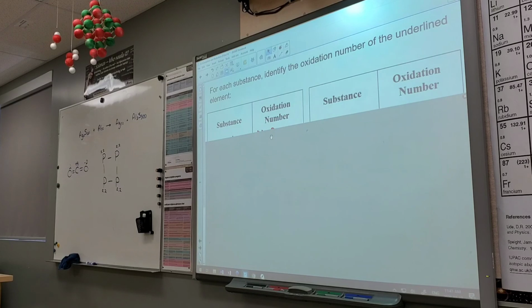Carbon plus negative one ion. I don't know. That's tough, right?